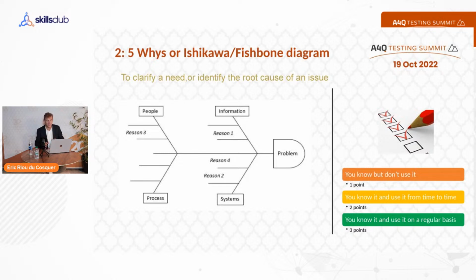This method is very useful either to identify the root cause of a failure or to better clarify and understand a need or an issue at the beginning of a project. And an issue is very often a reason why a new project can be launched. So this 5 whys or Ishikawa fishbone diagram method can be very useful to improve your business analysis activities.